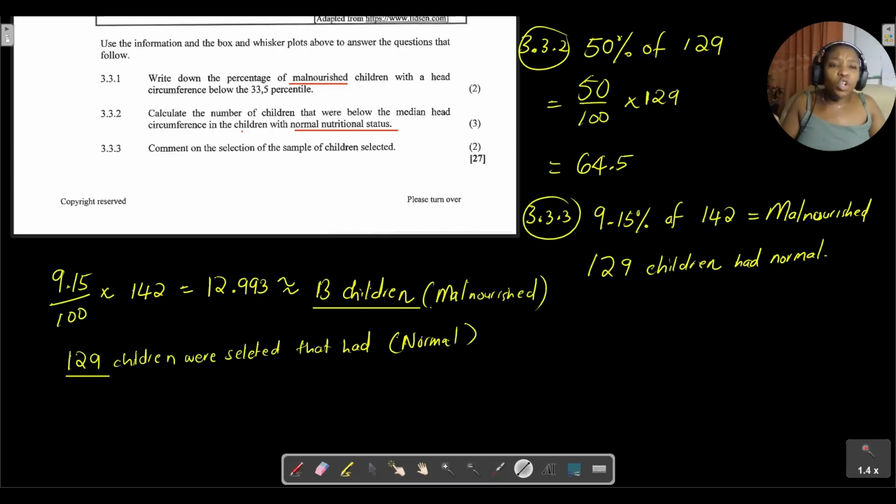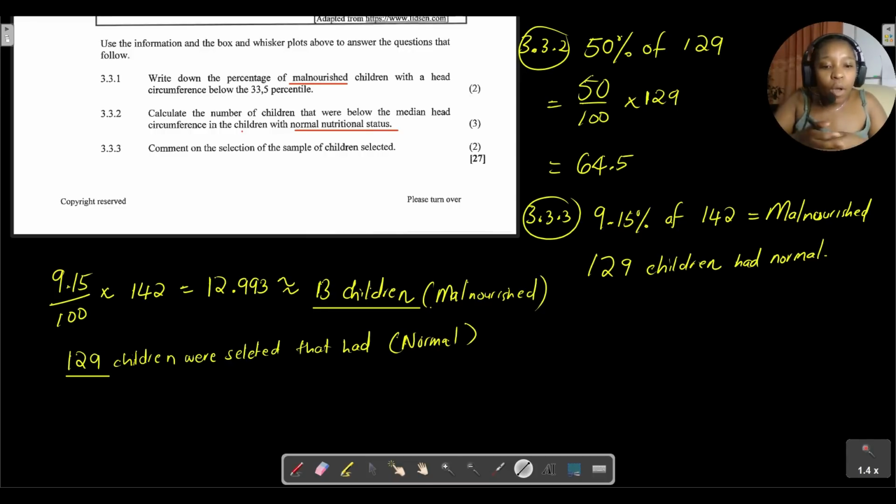We've got only 13 children who were looked at that were malnourished. However, there were 129 children that were looked at that had a normal nutritional status. So it's biased, it's unfair. It favors one side, which is the normal.